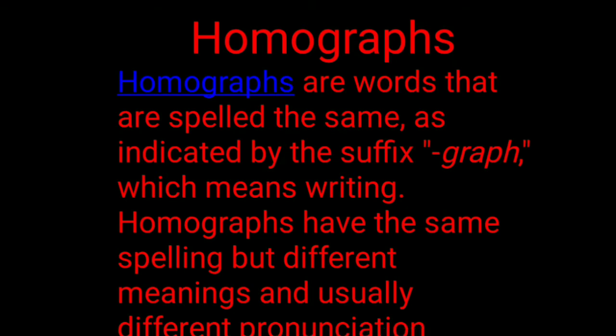So here we also have three points to consider: same spelling, number one; different meanings, number two; and number three, usually different pronunciations. For homographs, our focus would remain on the graph, which means writing. So here we find the same spelling, but the meanings remain different.